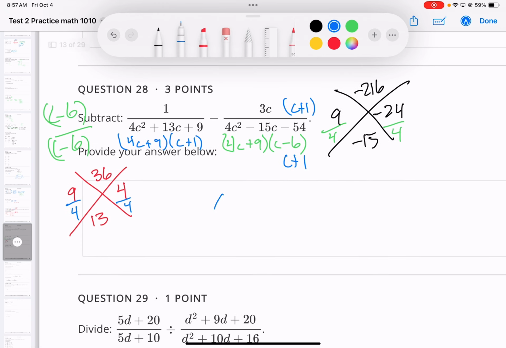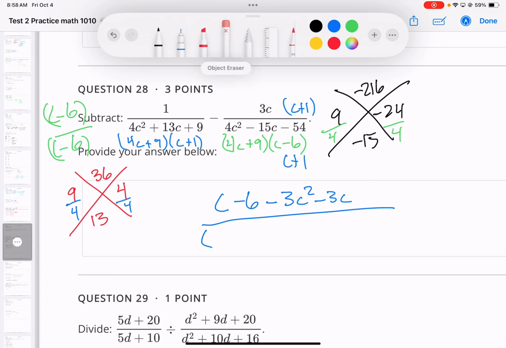I'm going to have c minus 6. And then a negative 3c times c is going to give me a negative 3c squared. And negative 3c times 1 is going to give me a negative 3c. All of that's over our 3 terms. Oh my gosh. C minus 6, 4c plus 9, and then c plus 1.